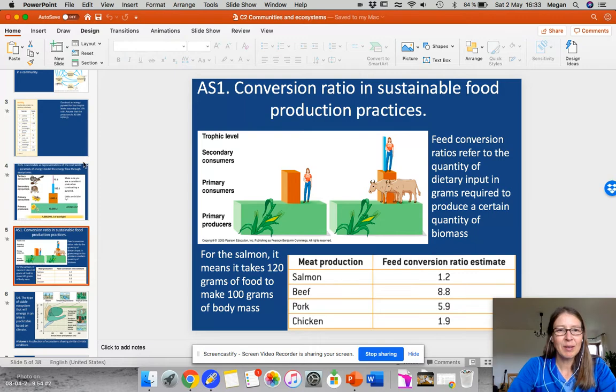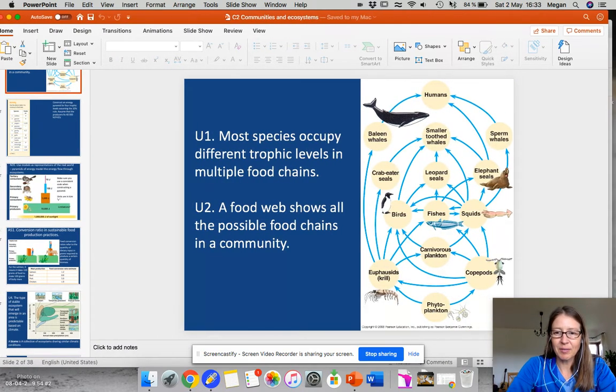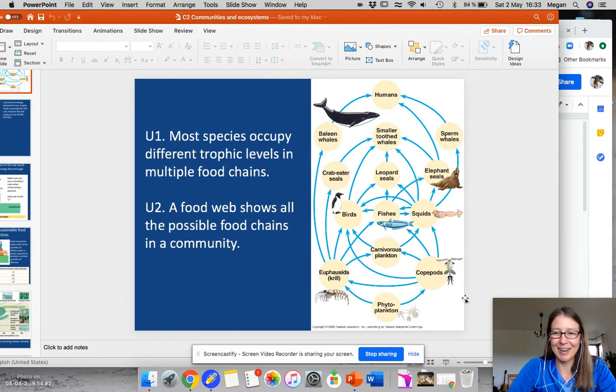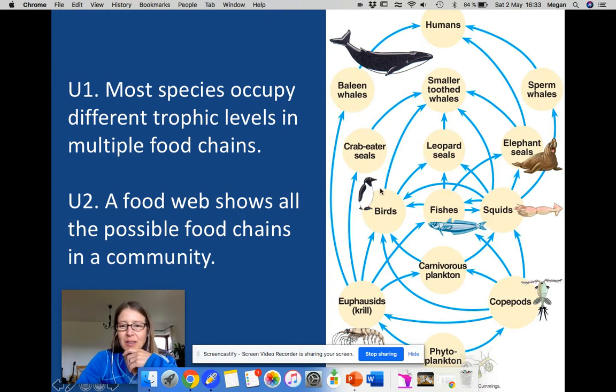Okay, so let's take a look at what we got going on here. If I can find a way to open it up. Okay, so when we're looking at a food web, I'm going to move myself over here so you can see this full food web. In a food web, most species are actually going to occupy more than one trophic level.